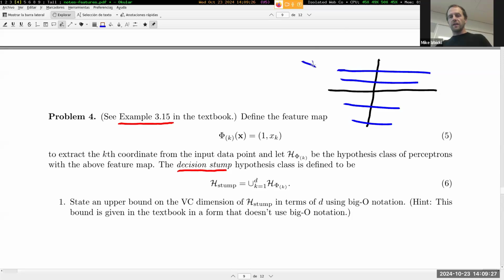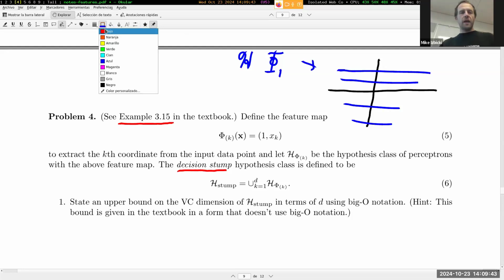All these blue lines are example visualizations of what our h sub phi sub 1 looks like, where our new hypothesis space is only this dimension, and we're doing linear classification along that dimension.